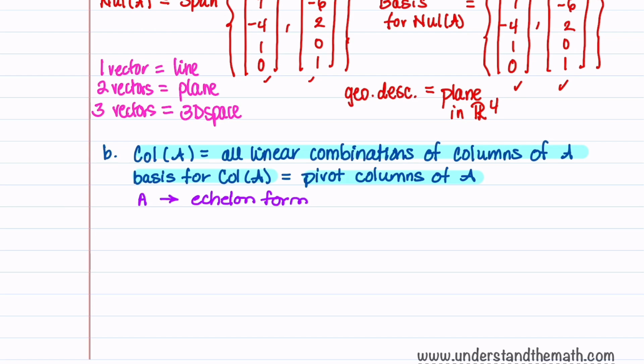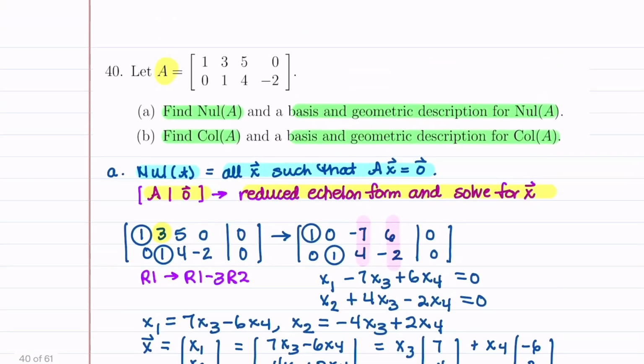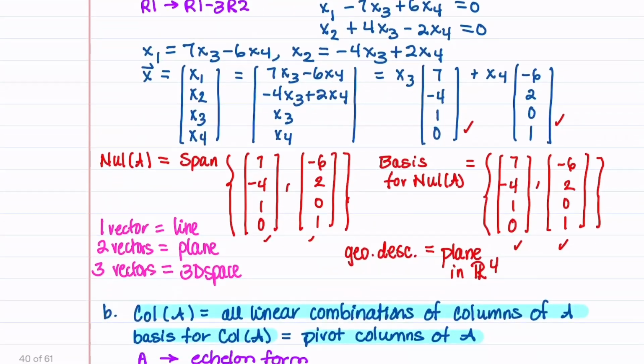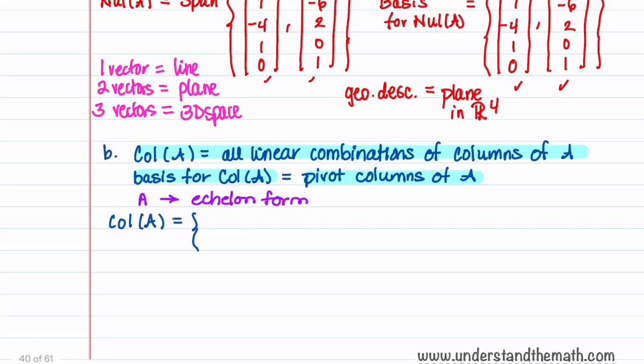So we just go back up to our matrix, and we're going to grab all the columns of matrix A. Let's go all the way back up here. So notice that we have 4 columns: 1, 2, 3, 4. So those are the columns that we're going to put in our column space. And we have all the linear combinations of those columns.